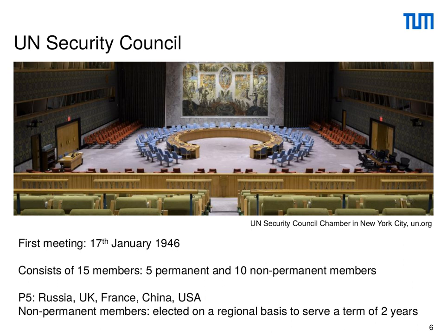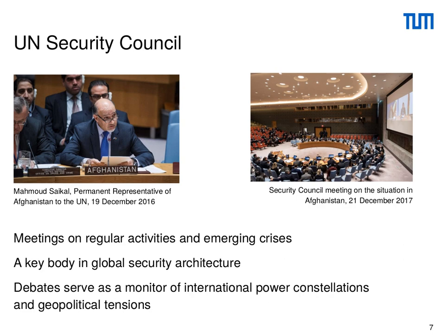And the good thing is that the UNSC meetings are among the best reported regular activities of the United Nations. But first of all, the UNSC is surely a key body in the global security architecture. The Council meets on regular activities as well as on emerging crises.